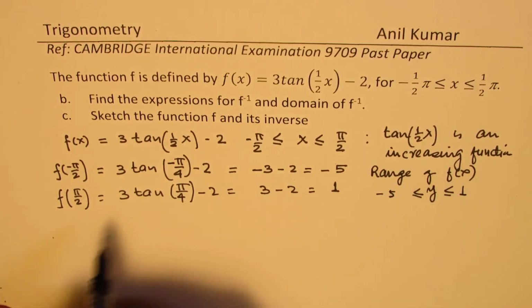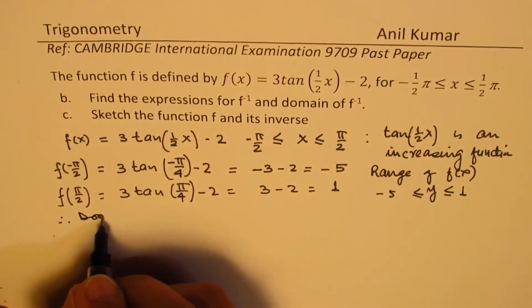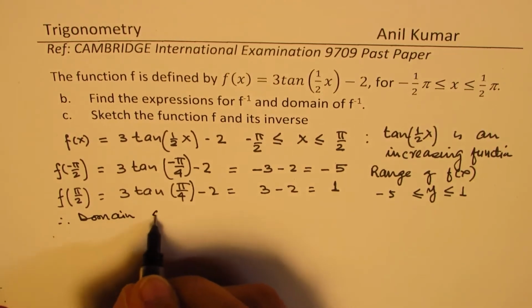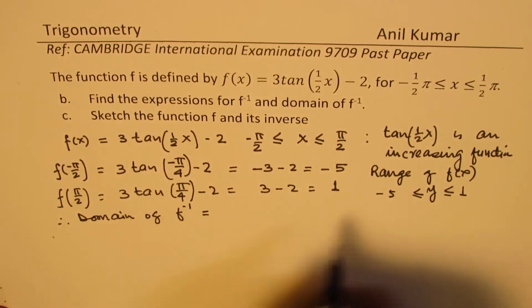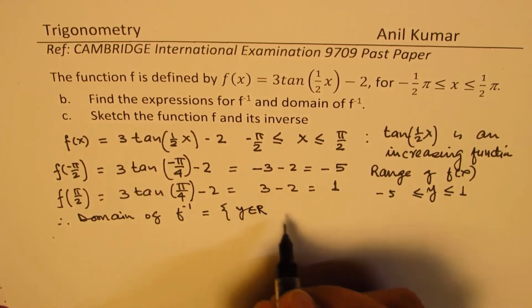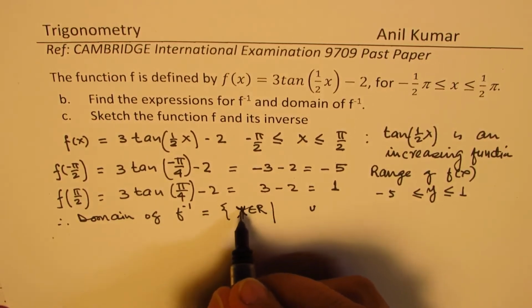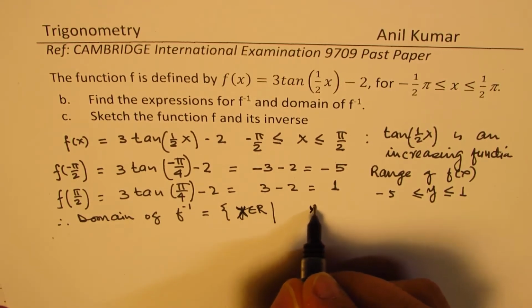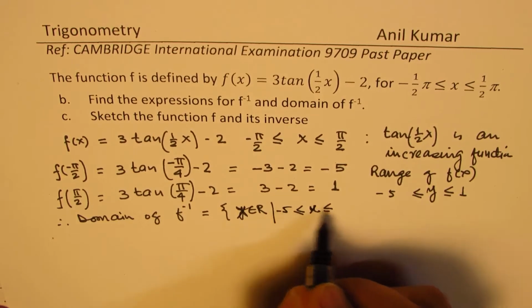So from here, we know the domain of f inverse, right? Therefore, the domain of f inverse is basically, sorry, x belongs to real numbers, where x is between minus 5 to 1.